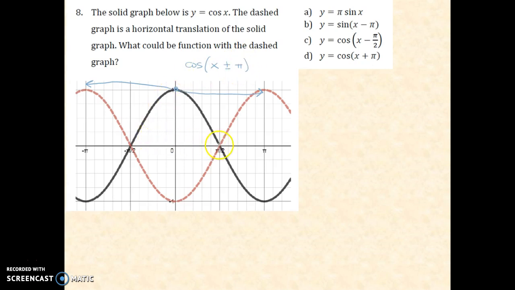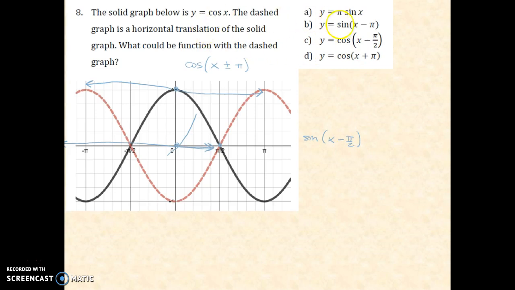Or if we're thinking about it being a sine, and a sine wave would start here, then it's only going pi over 2 to the right, or it would actually have to be 3 pi over 2 to the left to get back to where that guy starts over there. So that would be sine of x minus pi over 2.